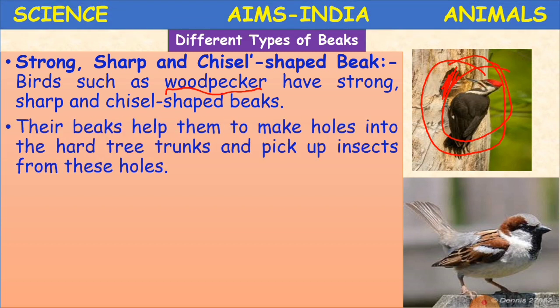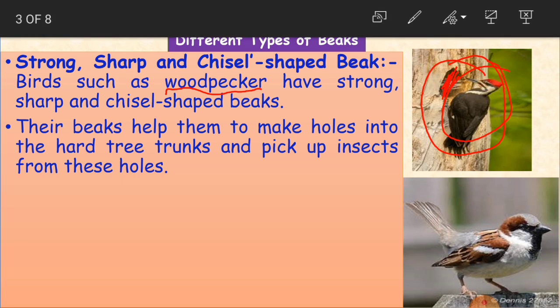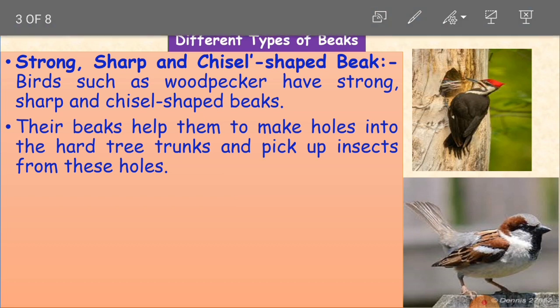Clear, children? Now their beaks help them to make holes into the hard tree trunks and pick up insects from the holes. See here, how are these beaks helping them? Their beaks help them to make holes. See here in the picture, this woodpecker is making holes into the hard tree.